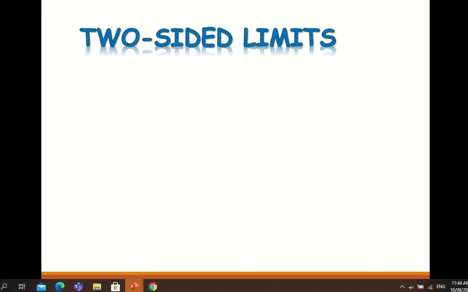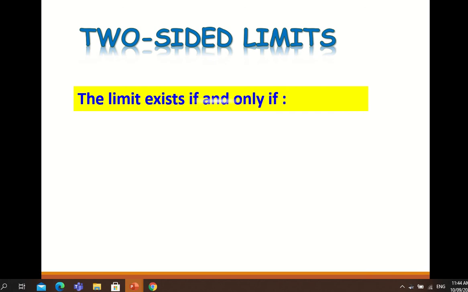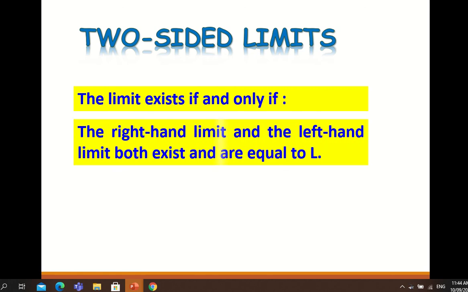Now we have two-sided limits. So this is the condition, class. The limit exists if and only if the right-hand limit and the left-hand limit both exist and are equal.